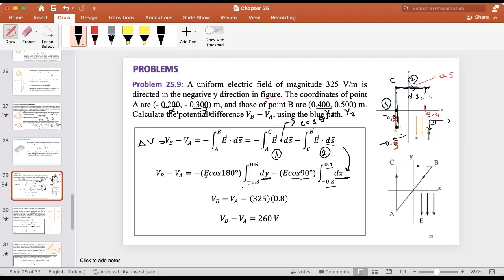So it means we will take the integral depending on dy for the first path, and for the second path, of course, it moves on the x coordinate system. So you take the integral depending on x. Okay, so cos 90 is 0. I know, it's nice. And finally, this gives -1.